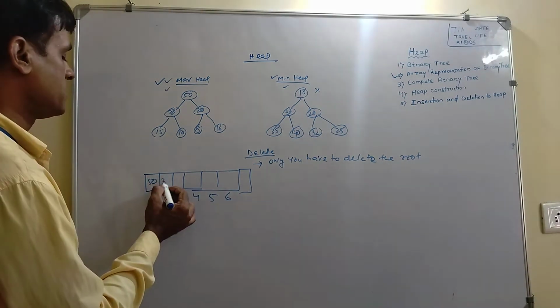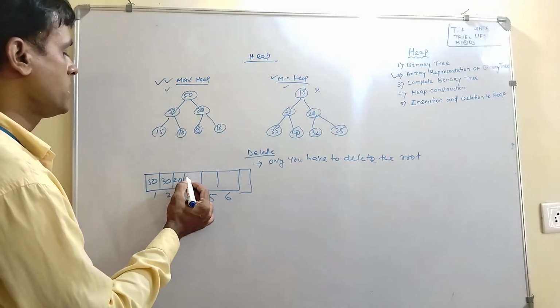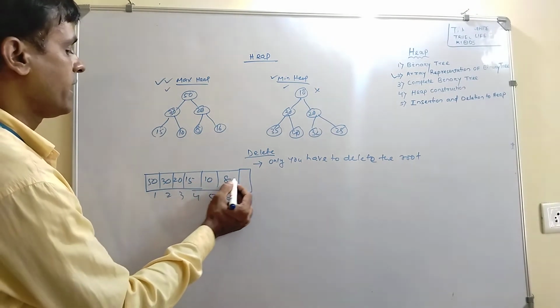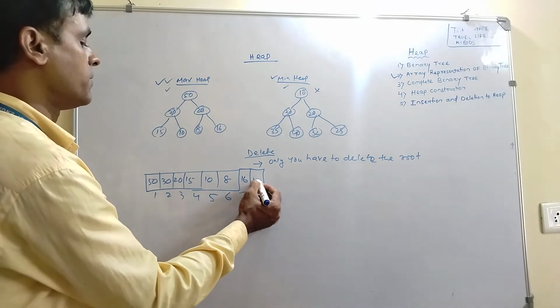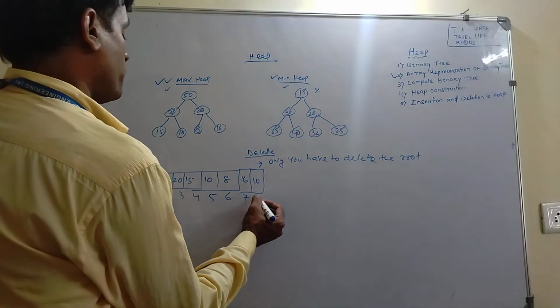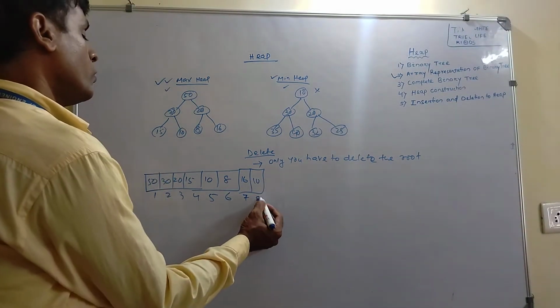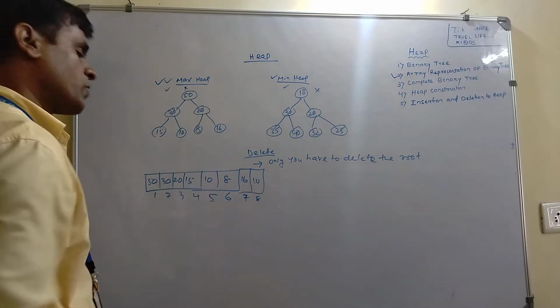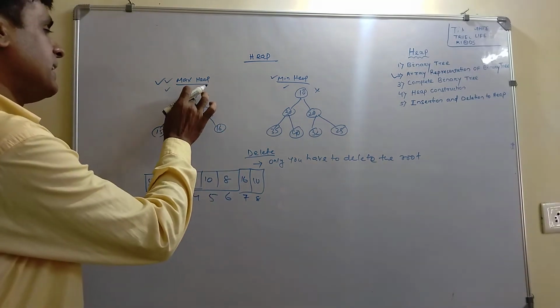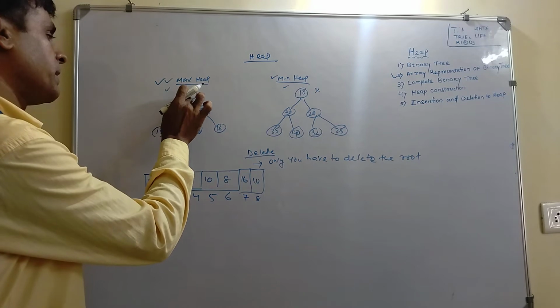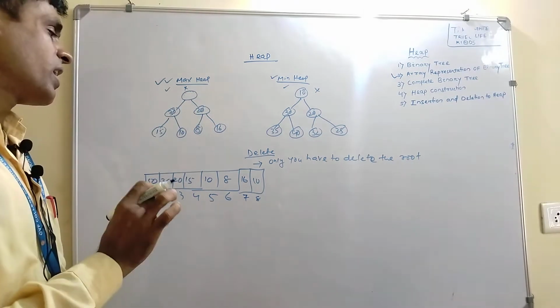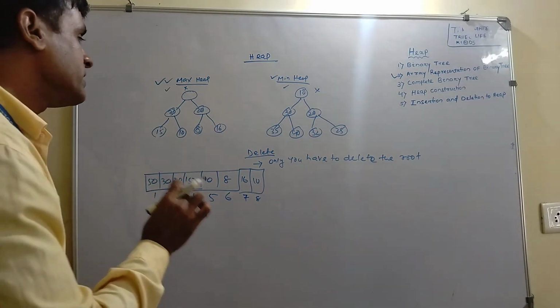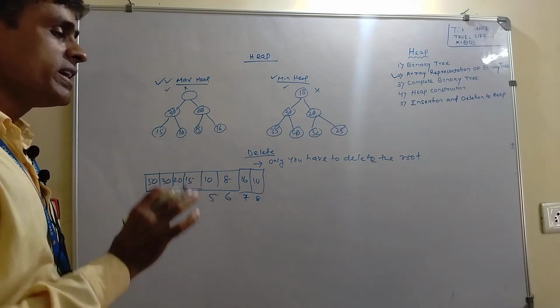This is 50, this is 30, this is 20, 15, 10, 8 and 16, and the last one is null. Now we will delete 50. After deleting 50, we have to compare its children to see who is greater.